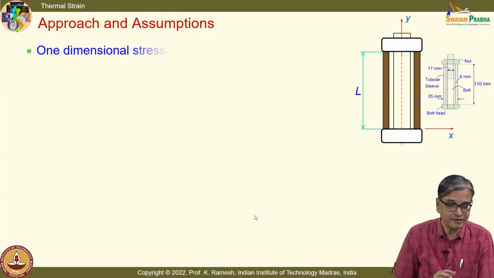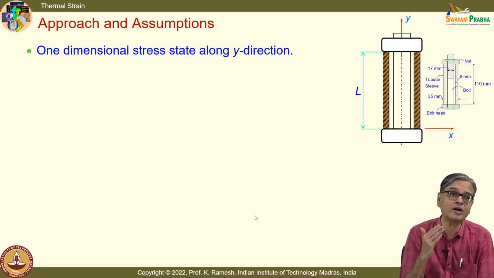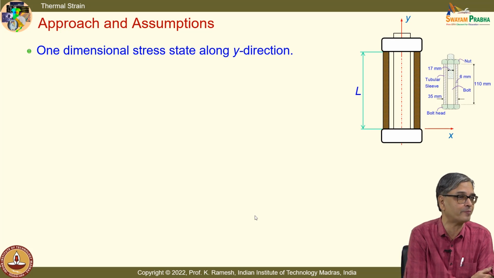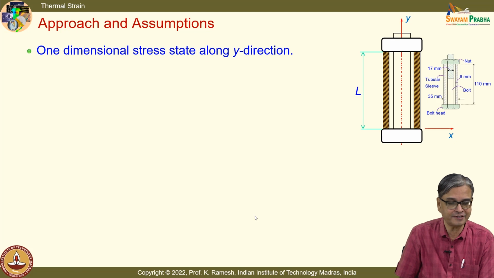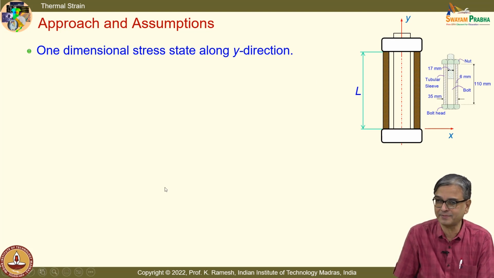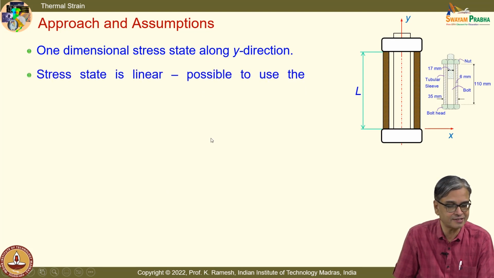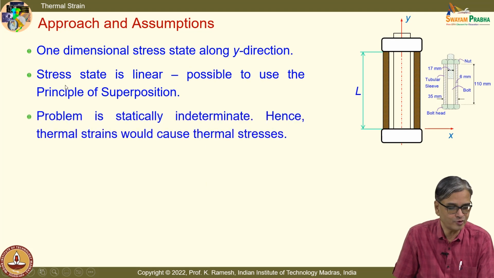We have discussed this problem long time back when we discussed force deformation. When you have a nut tightened, what happens? How do you generate the geometric compatibility? Whatever I have said is summarized in this slide. I have linear elasticity, so I can apply the principle of superposition.